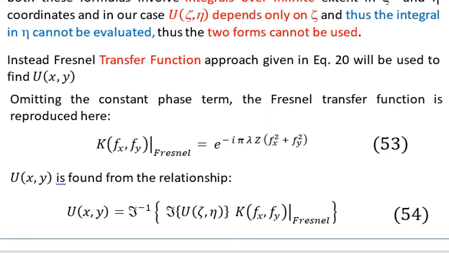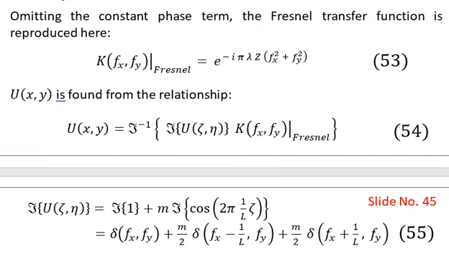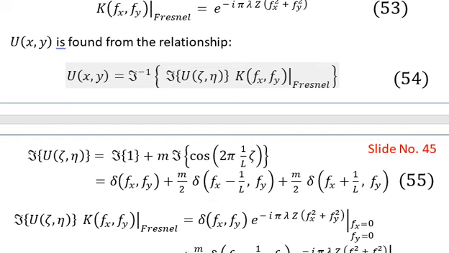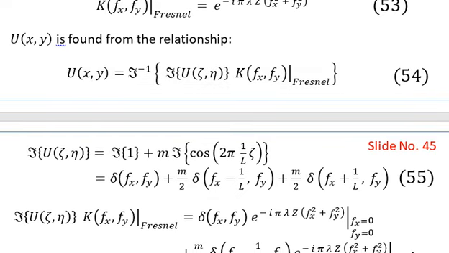So capital K at Fourier frequencies fx comma fy, subscripted as Fresnel, is equal to e to the power minus iota pi lambda z, and within the parentheses we have fx square plus fy square. So you see that this is the transfer function of the Fresnel formula, which we shall be using in order to calculate the field at the output plane. And the formula to calculate the field u of x comma y at the output plane is given by this relationship.